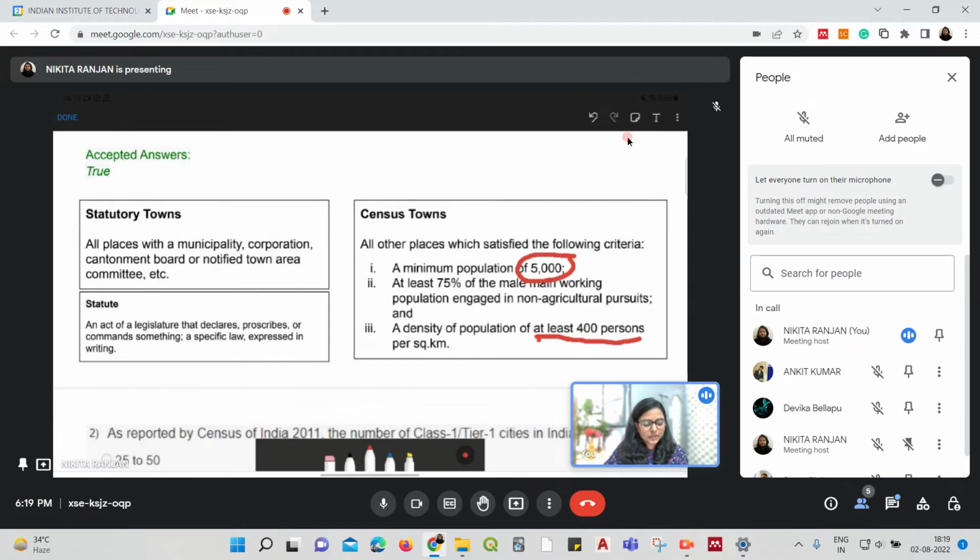So it shouldn't be that the place has a population of 5,000, but is so sparsely populated that the density is less than 400. In that case, the place would not be considered a census town. So these are the criteria. If satisfied by any place, the place would be considered a census town.